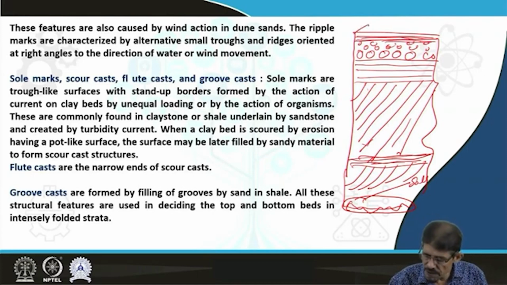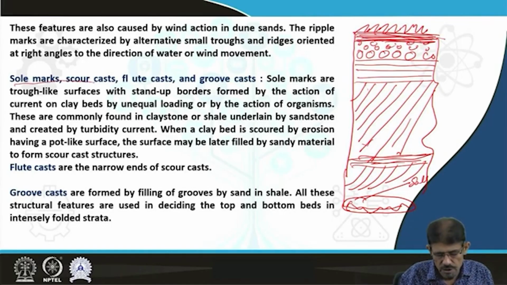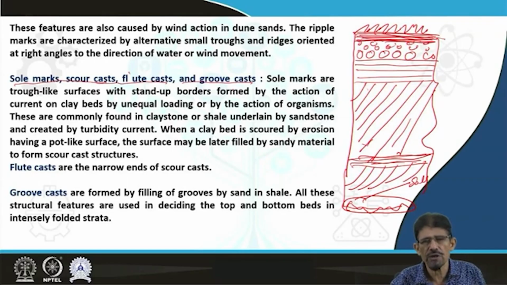Here the surface parts are decorated with ripple marks, and nearby we get some thin layers which are recognized as lamination. The sole marks, scour casts, flute casts and groove casts are characteristic structures of sedimentary origin located at the bottom side of the sedimentary column.